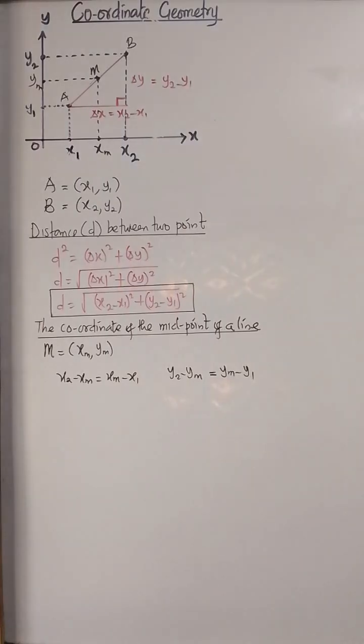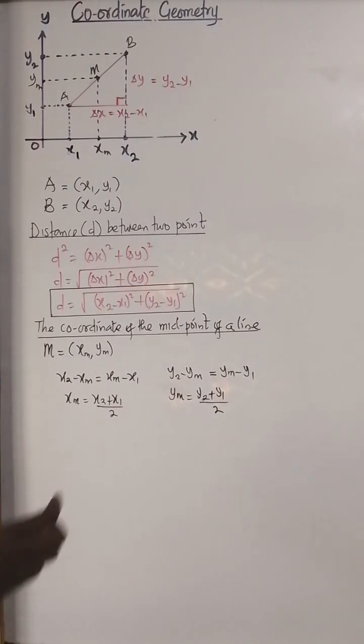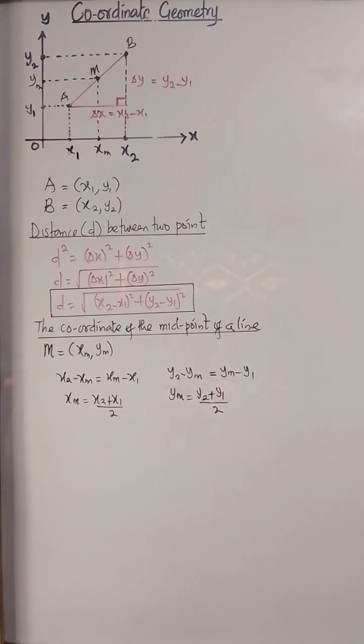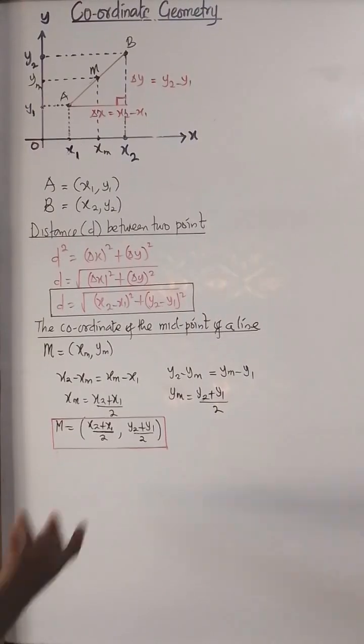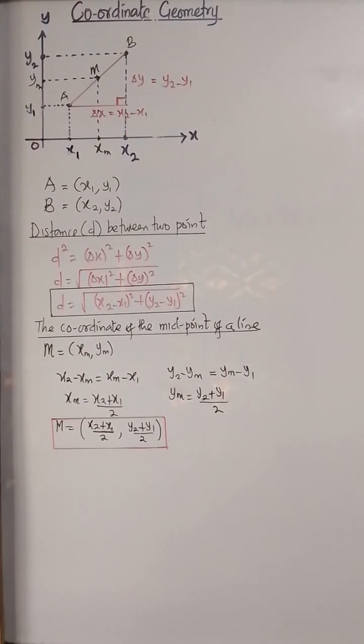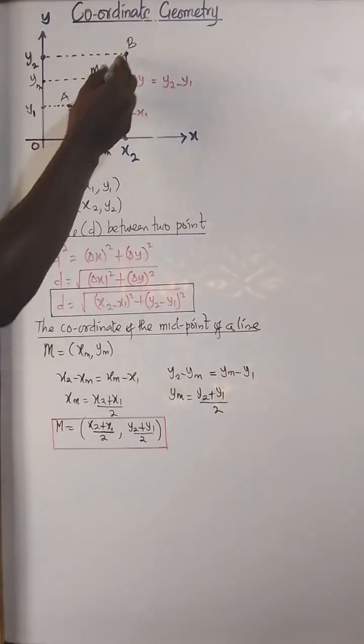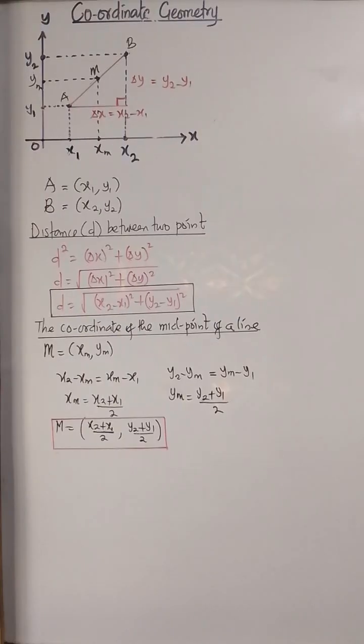And from here we can make xm the subject and ym the subject. And this is what we're going to get at the end of the day. So we can write the coordinate of the midpoint as follows. So this means that we can always get the coordinate of the midpoint of a line if we know the coordinates of the extreme points of the line.